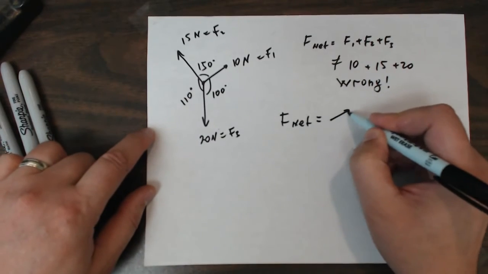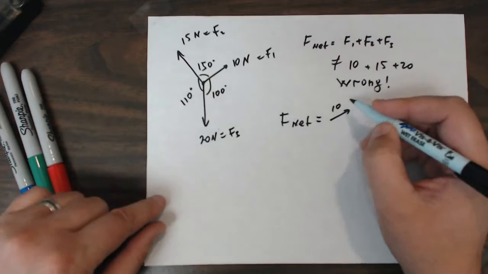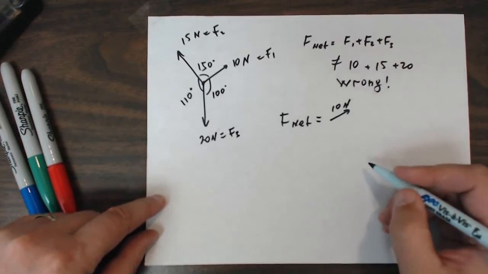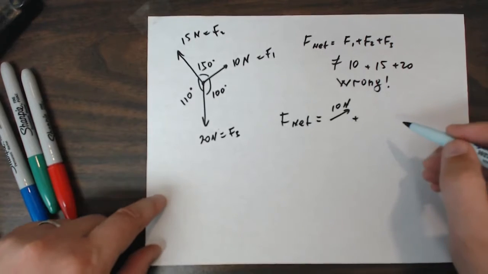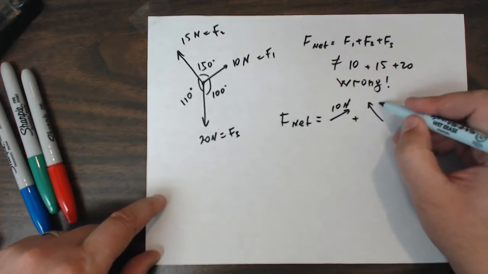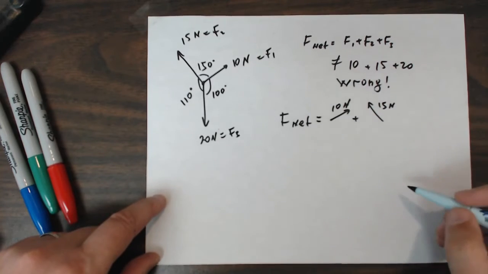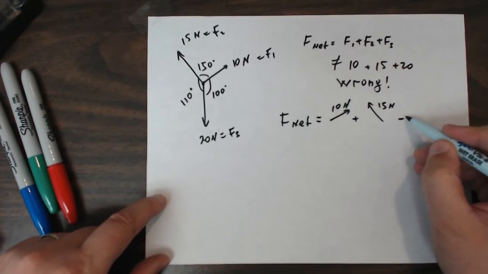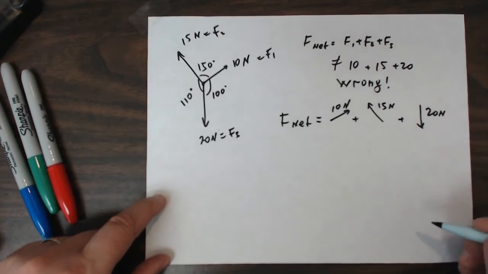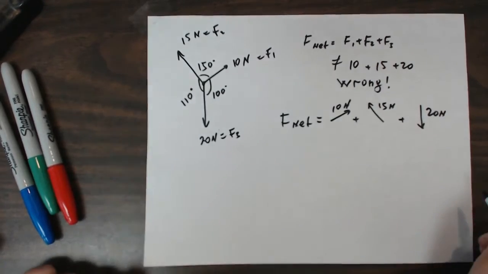Equals this arrow which points in a given direction and 10 newtons long plus this arrow which points in a given direction 15 newton long plus this arrow. That's what it literally means.